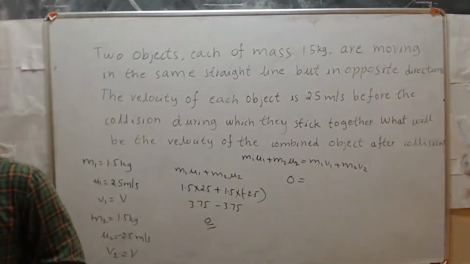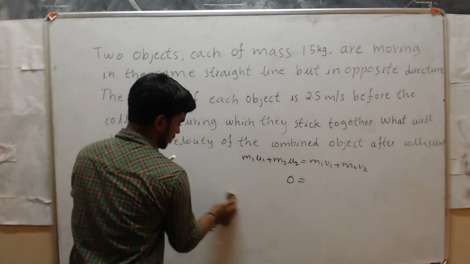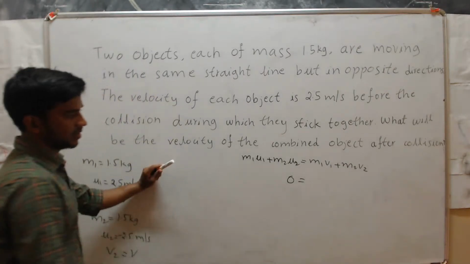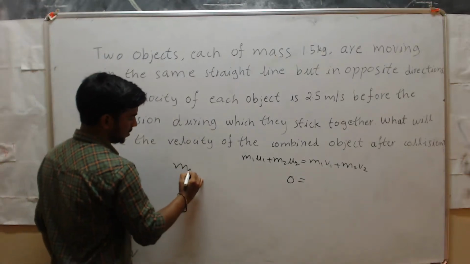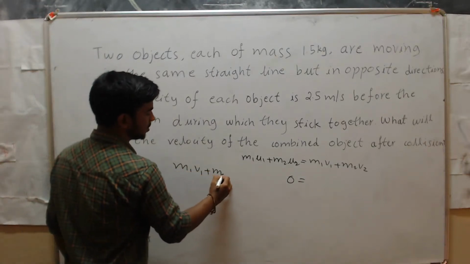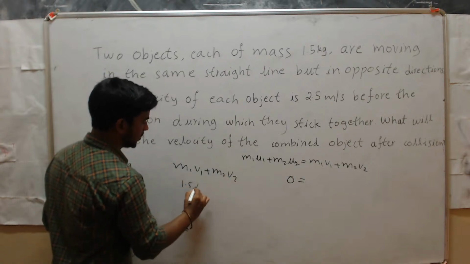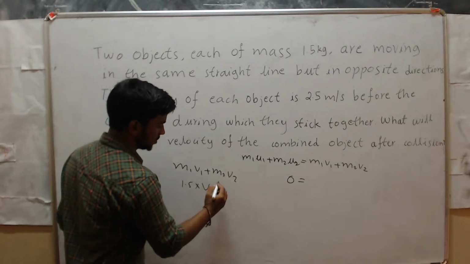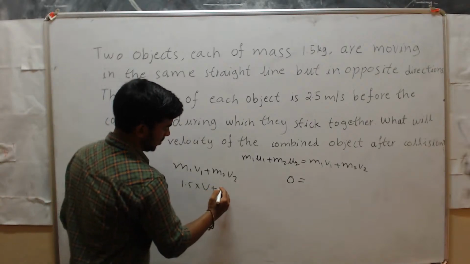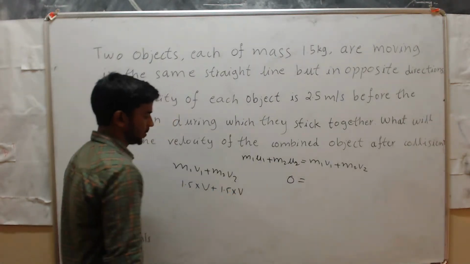Next, calculate the final momentum. Final momentum is m1 v1 plus m2 v2. m1 is 1.5 and v1 is v, right? Plus this is also 1.5 into v.